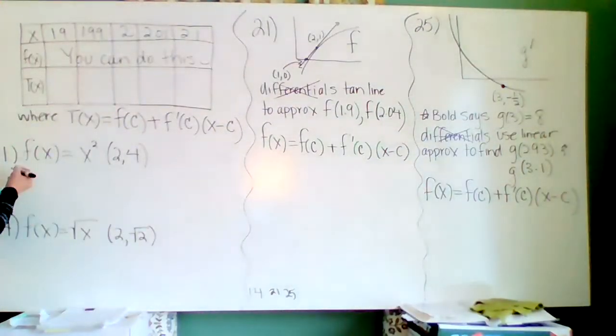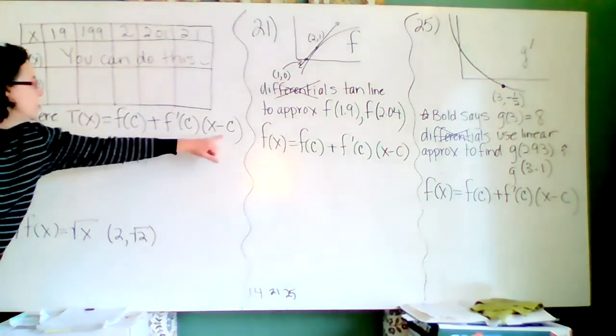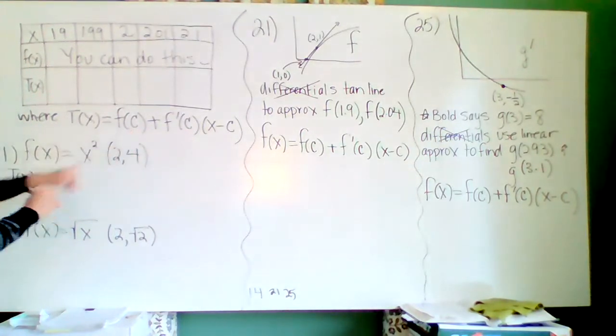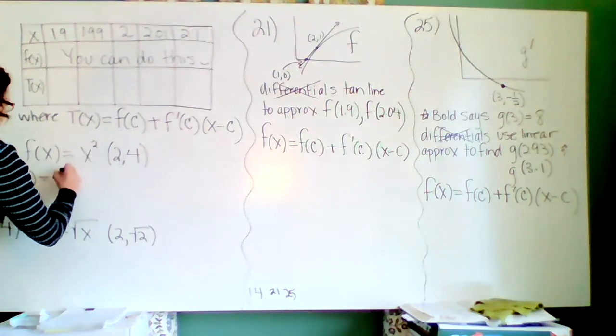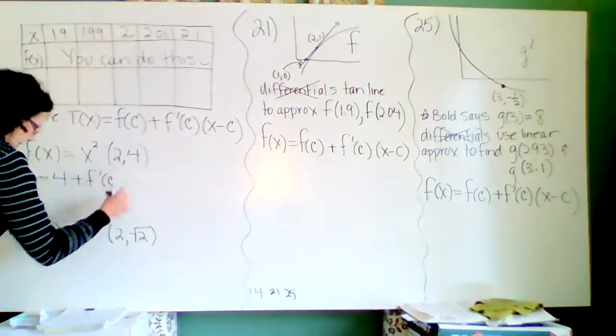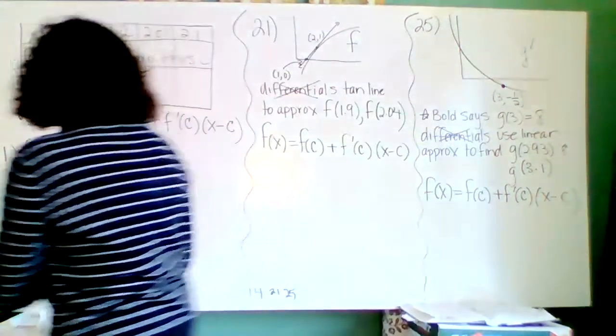So the equation of my tangent line for the function f of x equals x squared. First of all, they gave me the point 2, 4. So I'll put the 2 here for c and here for c and here for 4, right? For f of c, 4 plus. So all I need now is the derivative of the function at 2.